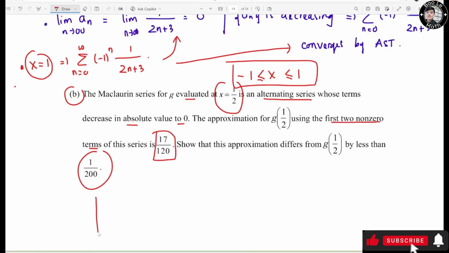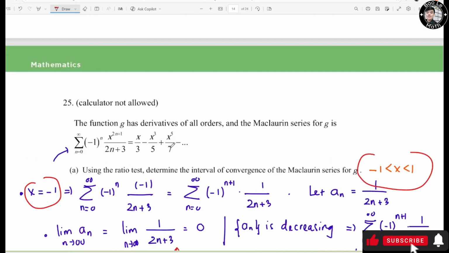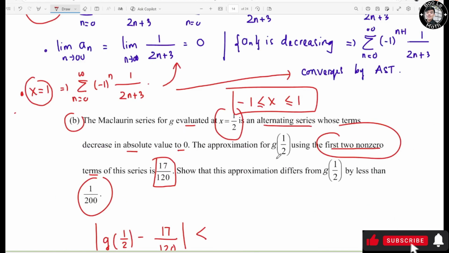So you have the absolute value of G of 1 over 2 minus 17 over 120 should be less than the third term, because these are the first two non-zero terms. So the third term is right here, s to the fifth over 7.